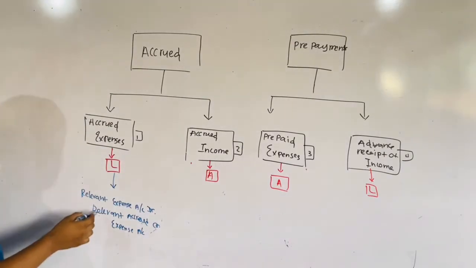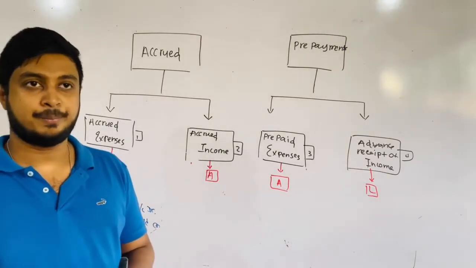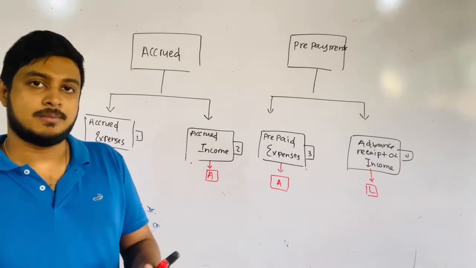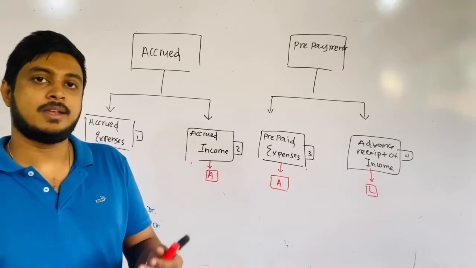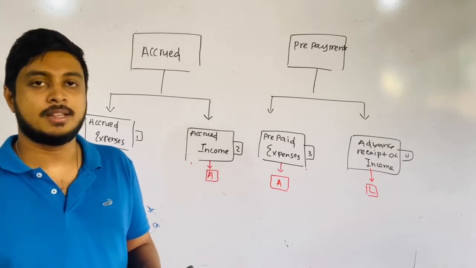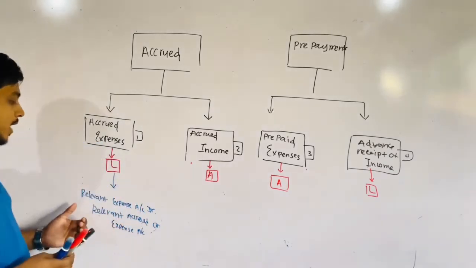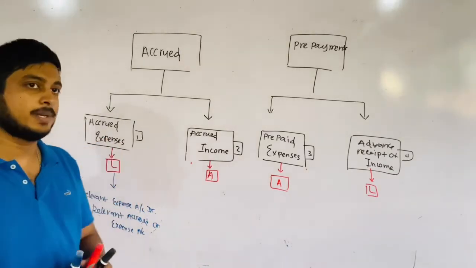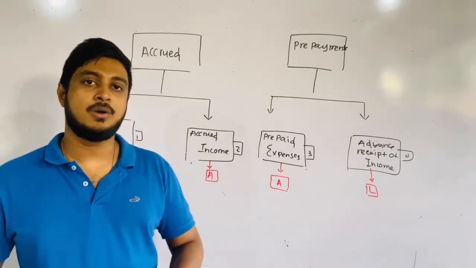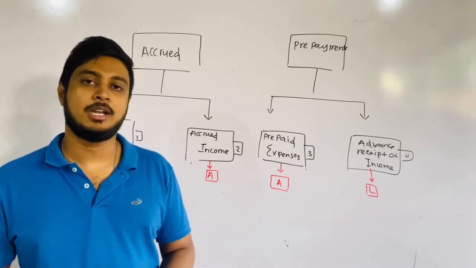Why do we debit the relevant expense account? Because according to the periodic concept and accrual basis concept, income should be recognized if it is earned within the financial year and expenses should be recognized within the financial year if they are incurred. According to those two concepts, you have to identify accrued expenses for the financial year. Therefore, whether you have paid or not, you have to identify the relevant expense for the accounting period.